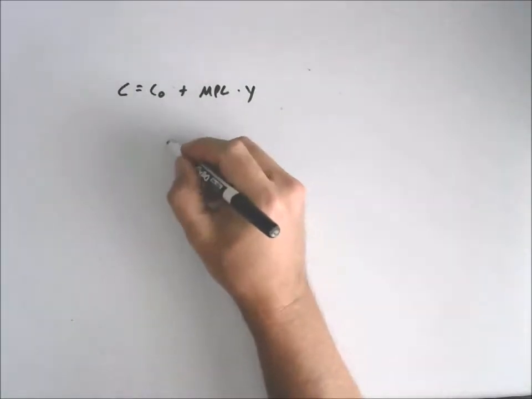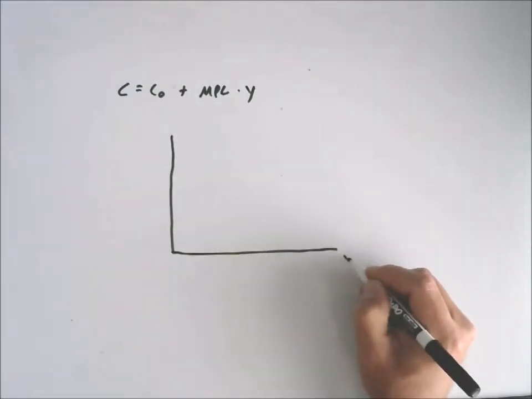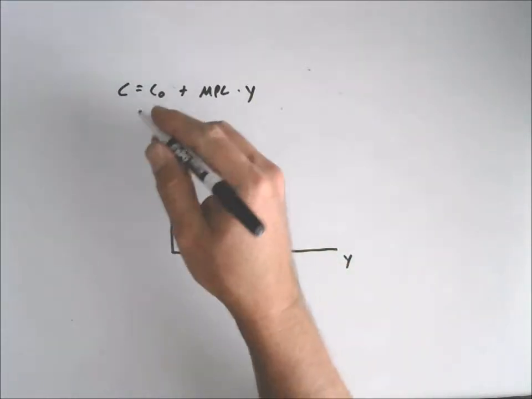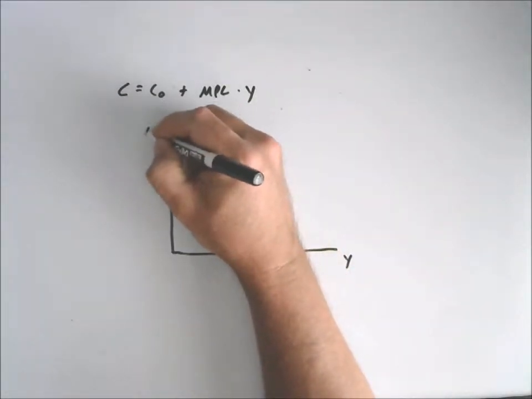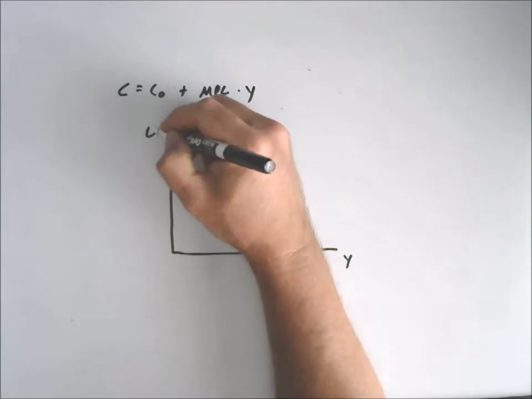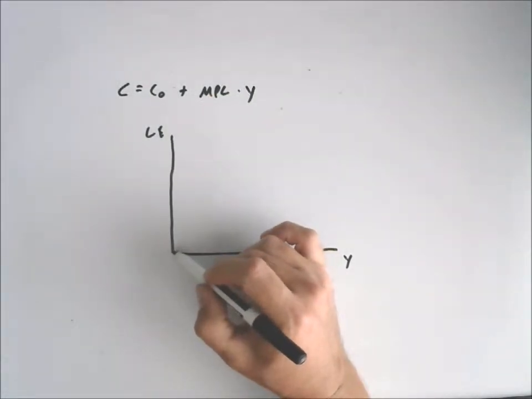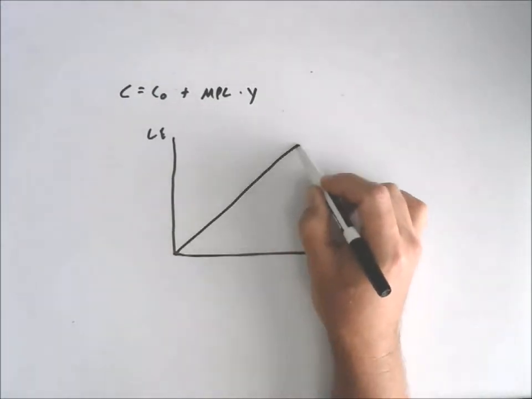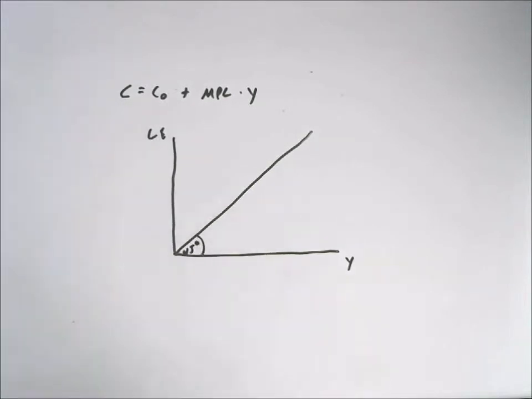Having said that, we graph this by saying that we have essentially real GDP, disposable income, on the horizontal axis, and consumption expenditure on the vertical axis, okay? And if we didn't need any autonomous consumption and we spent every dollar we earned, we would have a 45-degree line.